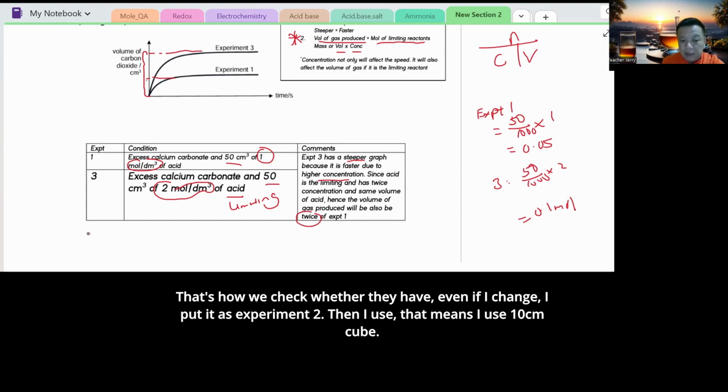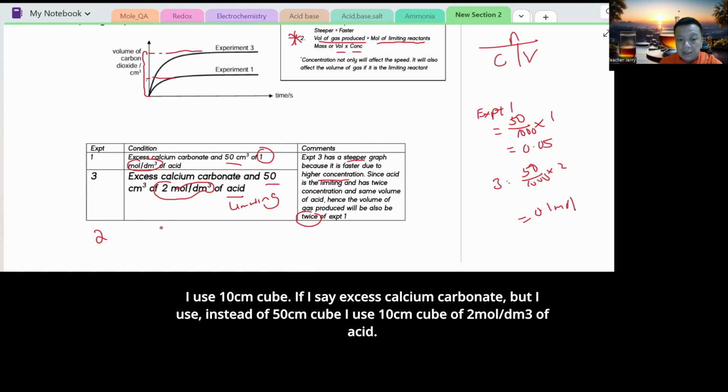Even if I change, I put it as experiment 2, and I use 10 cm cube.